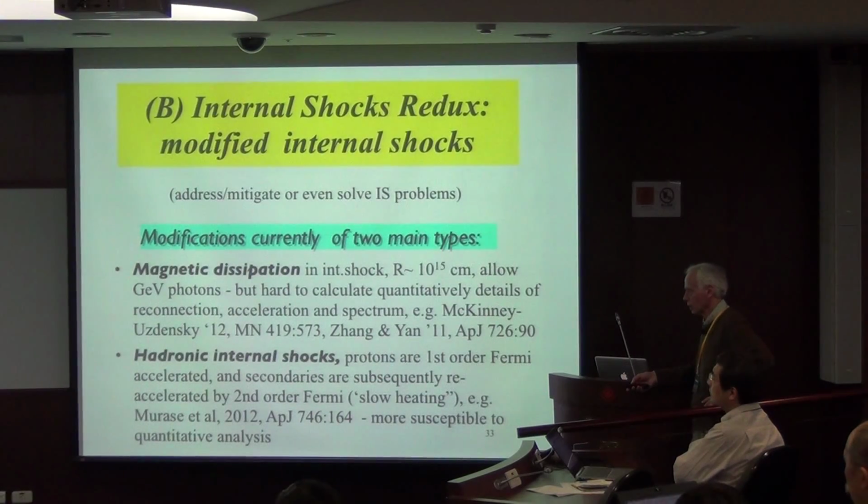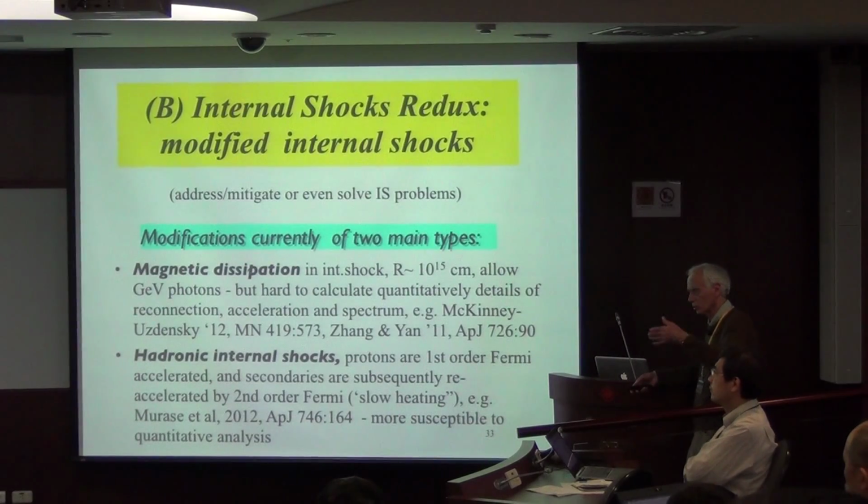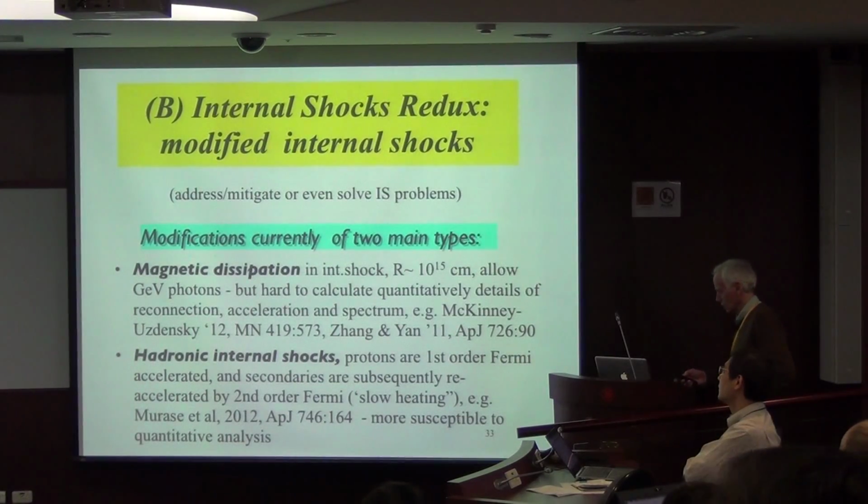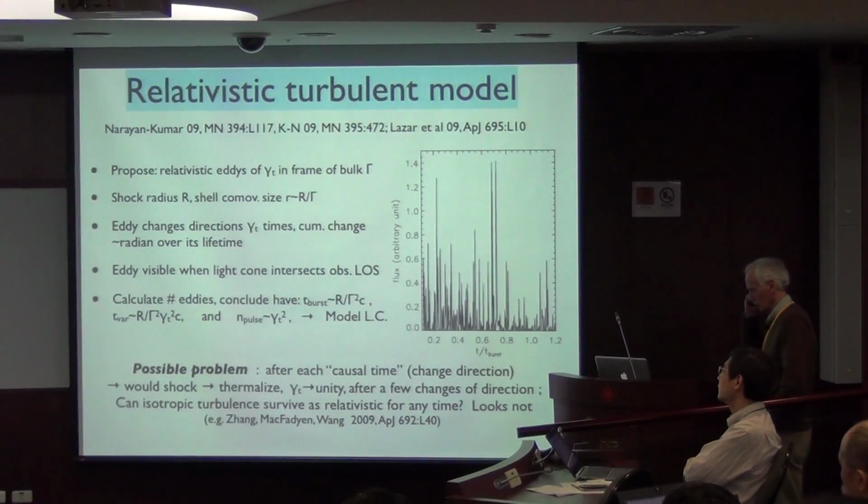They will be first-order Fermi accelerated, and it will produce relativistic secondaries, and the relativistic secondaries can be reaccelerated by second-order Fermi acceleration, and that will produce slow heating. And slow heating is the one thing that can solve the efficiency problem and the spectral problems of internal shocks. So Murase et al. have done a more detailed calculation that I'll mention a little bit later.